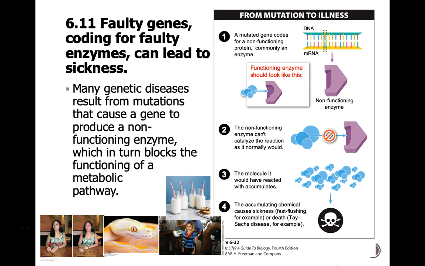So we go from DNA to messenger RNA to a functional protein. And that protein performs a particular job in the cell. Let's say that protein's job is to break down lactose in milk. If you acquire a mutation in that gene, your DNA is no longer coding for the correct protein or enzyme that's going to break down that lactose.